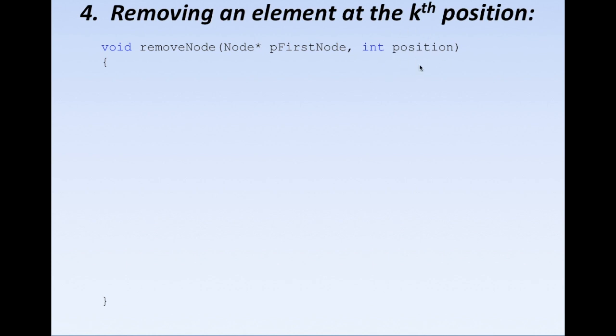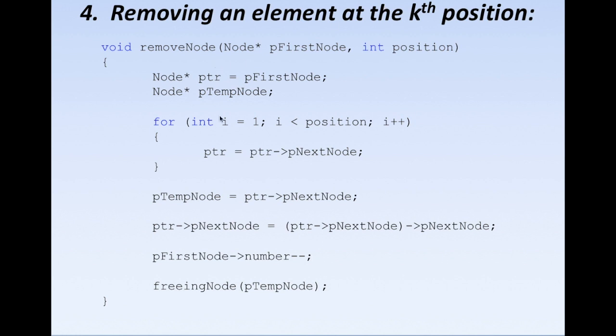I want to remove the element at this position. So we set the variable pointer equal to the first element, and as we said before, this pointer is going to move in the linked list until it points to the element I want to remove.